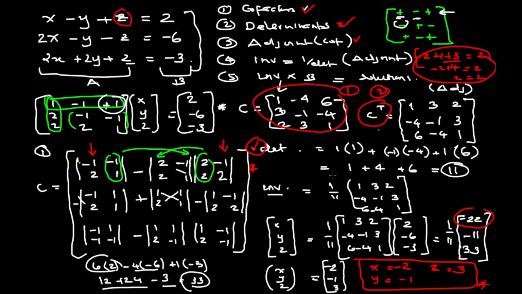Then we went on and found the inverse. Our inverse was here, which is number 4, right? Then we went on and looked for our solutions by multiplying the inverse and solution set B. Our matrix B rather, which is here, same as there.